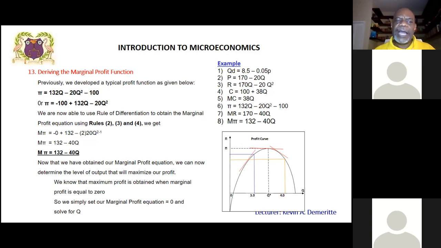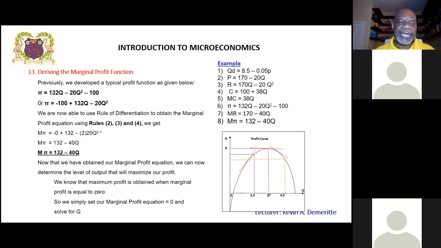So then we look at our profit function, and we see there's a number in there all by itself, a constant. And rule number 1 says, if you have a function with a number in it all by itself, you can, in essence, draw a line through that number and move on. All right? The slope of that number is 0.